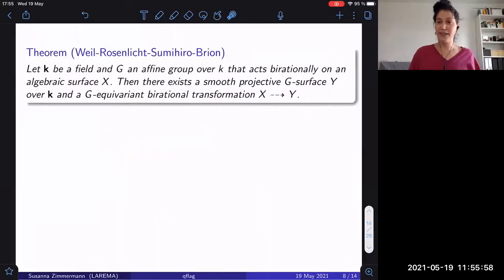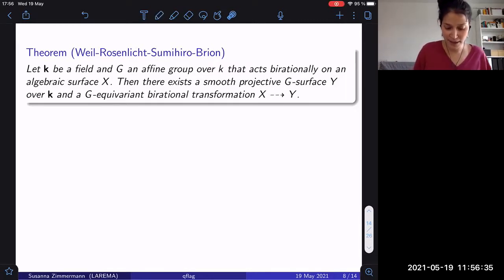So now, how do we classify these groups? And here, a theorem of Weil, Rosenlicht, Sumihiro, and Brion is essential. It says that if we have an affine algebraic group over some field that acts birationally on an algebraic surface, then in fact, by changing the model birationally, we can get to a smooth projective surface that carries the action of G by automorphisms.